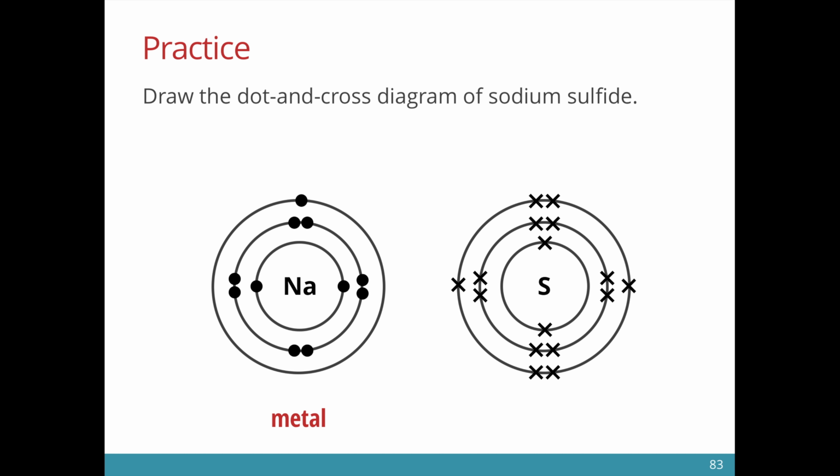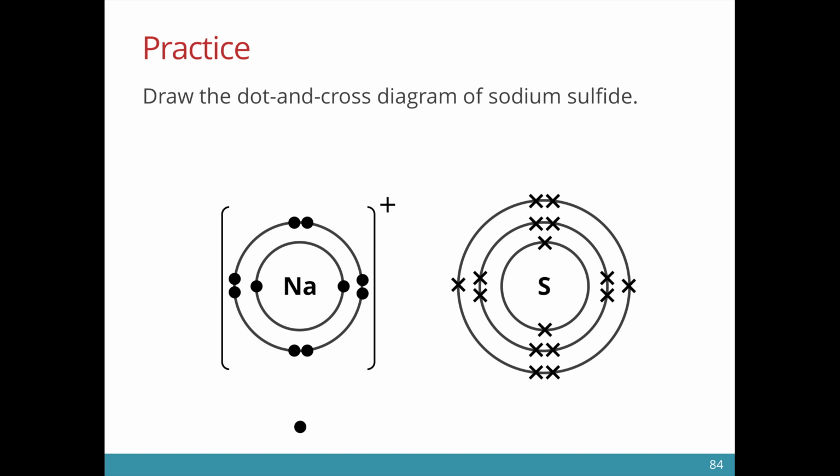Sodium is a metal, sulfur is a non-metal. Therefore, the compound form will be ionic. Sodium can lose its valence electron to form a sodium ion. Sulfur can gain an electron, but you notice that by gaining only 1 electron, it is still short of 1 for a complete valence shell.